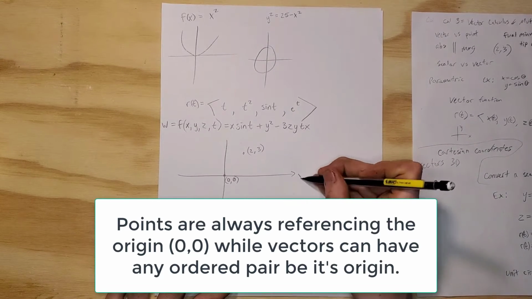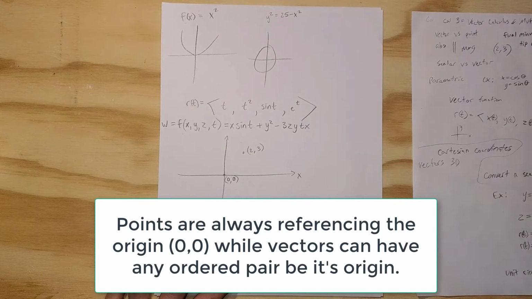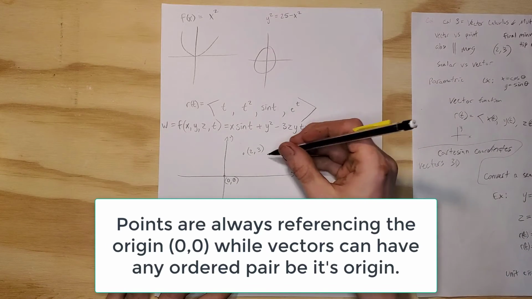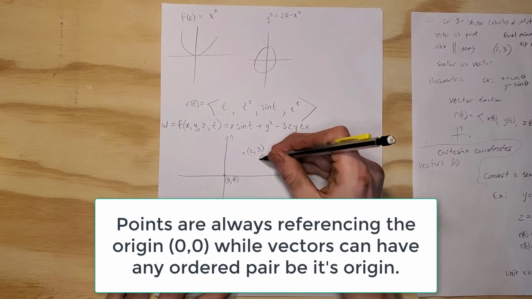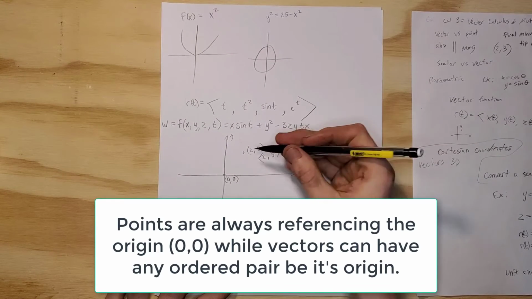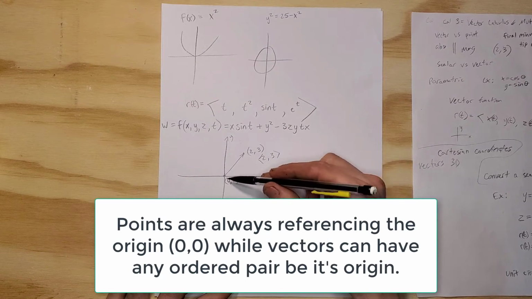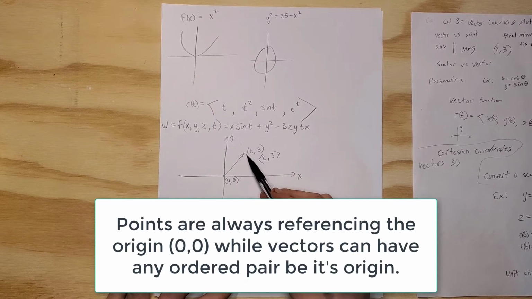At least in Cartesian space, where x, y, and z are orthogonal to each other. The vector 2, 3, similar to this point, is an arrow from the point 0, 0 to the point 2, 3. Vectors always go from one point to another point.